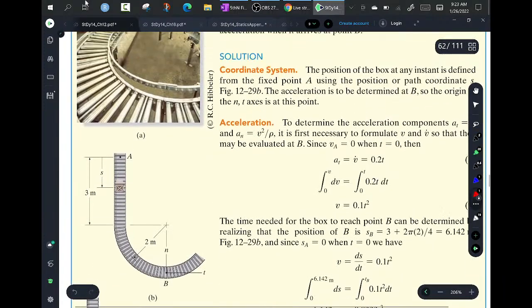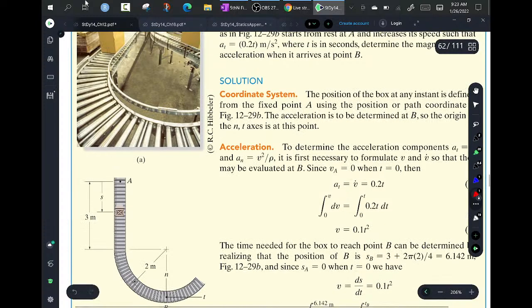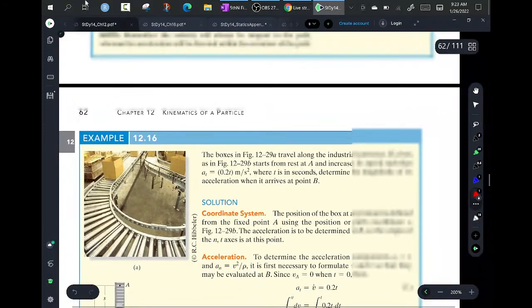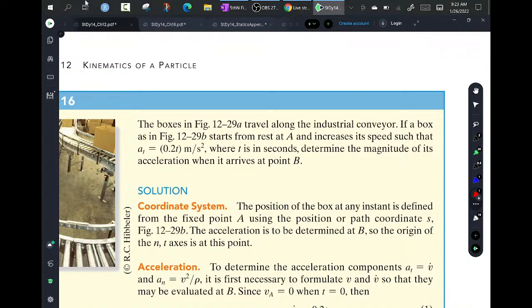Oh, here's a good weird one. That's almost so weird. Okay, so the boxes are traveling along this path here.